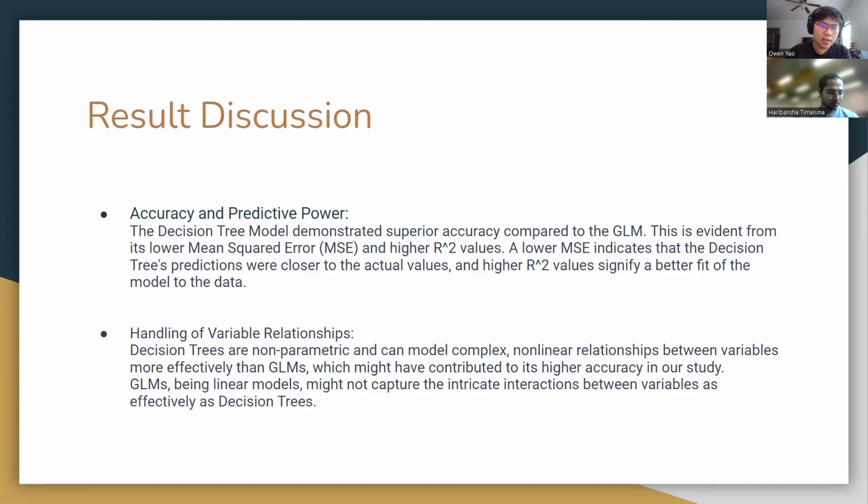The decision tree is also non-parametric and can model complex nonlinear relationships between variables more effectively than GLMs, which might have contributed to its higher accuracy in our study. GLMs, being linear models, might not capture the intricate interaction between variables as effectively as decision trees.